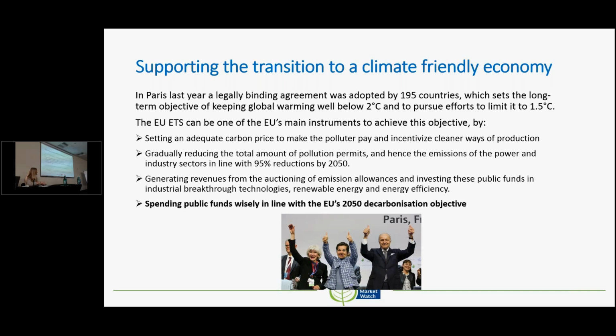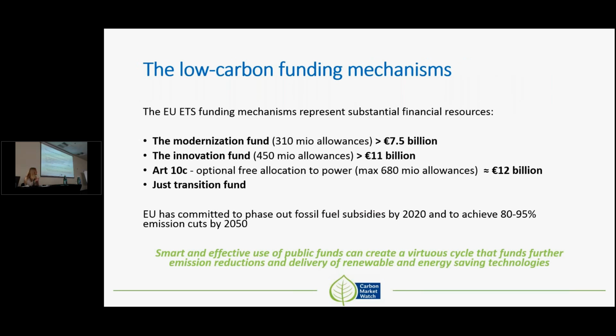And for the next phase, which starts after 2020, the EU leaders have decided to set up a range of new funds, namely the Modernization Fund, which we will hear about right after, the Innovation Fund, which is to support innovative and breakthrough technologies, the Just Transition Fund, which is to address basically the challenges that workers face in transition, and then we have the so-called Article 10C, which I will explain to you now.